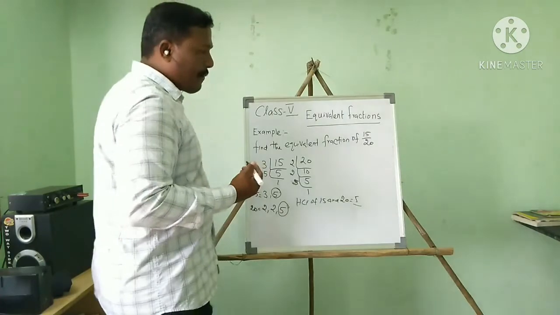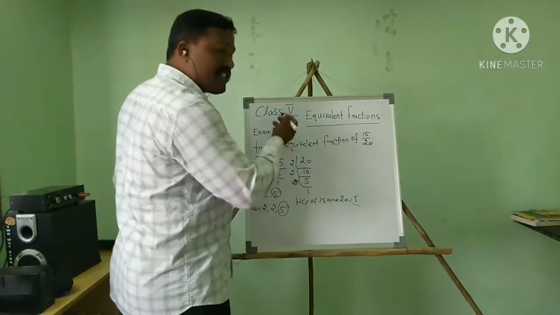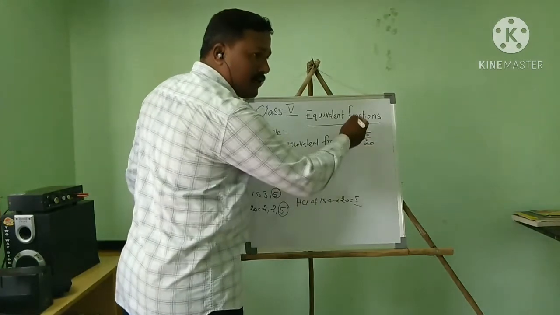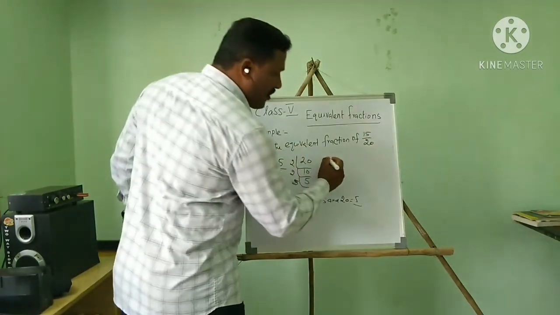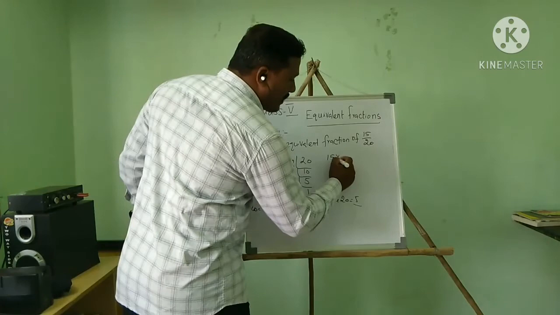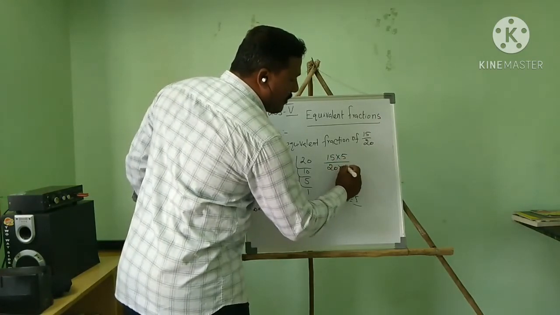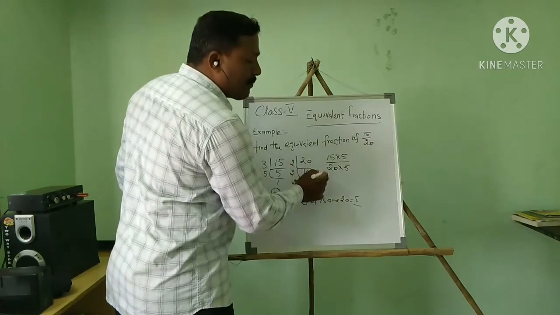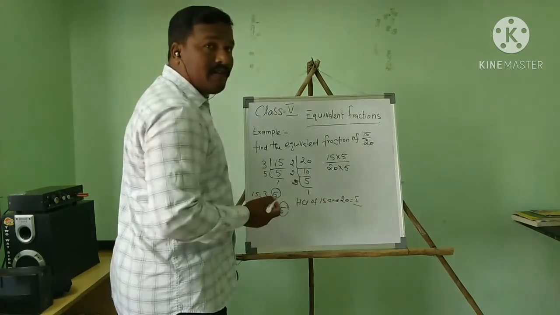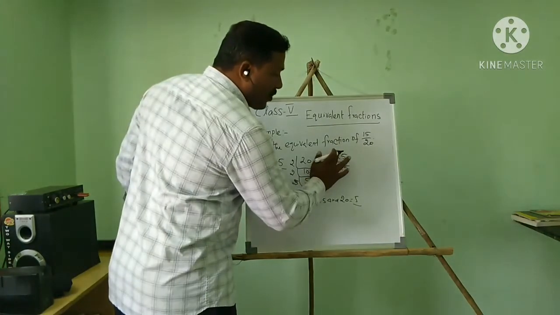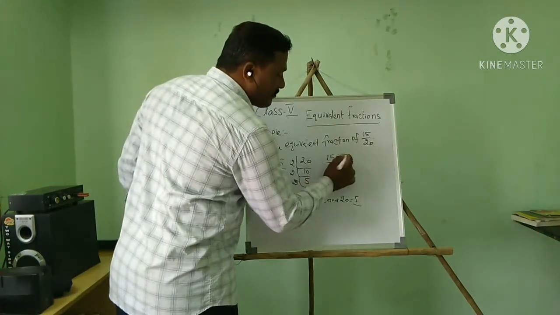Now I am going to use this HCF to find the equivalent fraction. By the definition I told you before, you have to multiply this HCF with both numerator and denominator. So 15 multiplied by 5 divided by 20 multiplied by 5. Sorry, not multiply, divide.